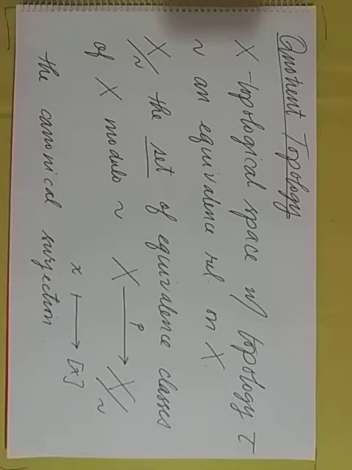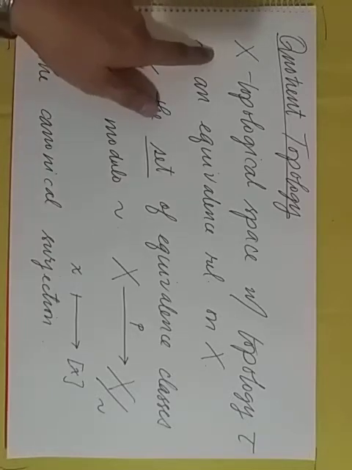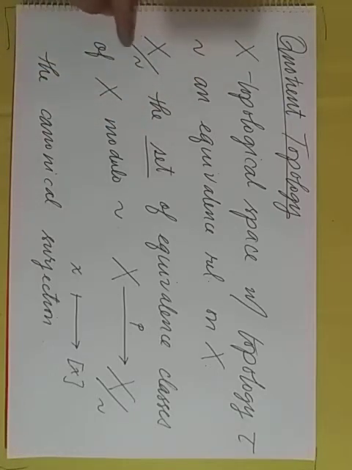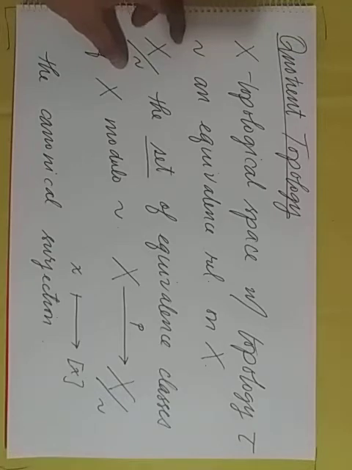So what is it? First, let's start with a topological space X with topology tau, and tilde an equivalence relation on X. Let's denote by this familiar symbol, which I'm sure you have seen before, the set of all equivalence classes of X modulo tilde.